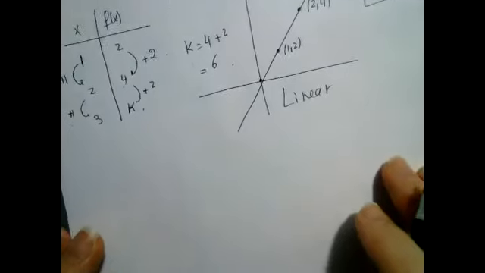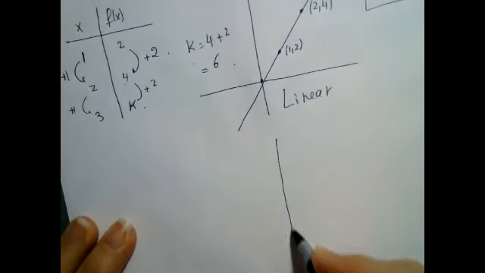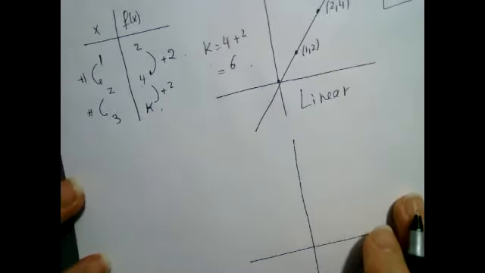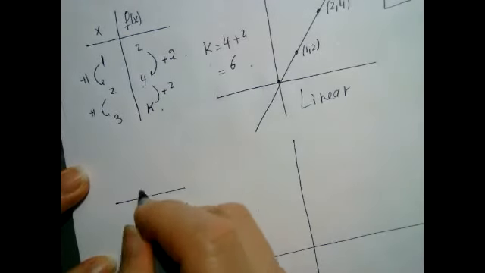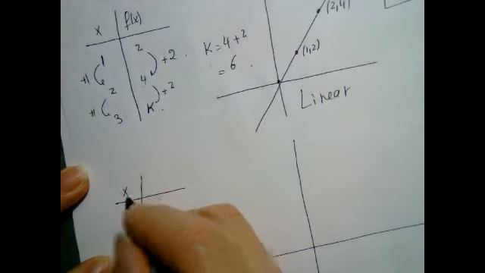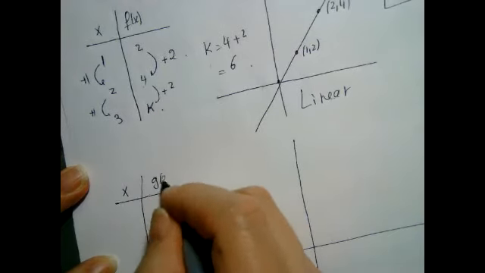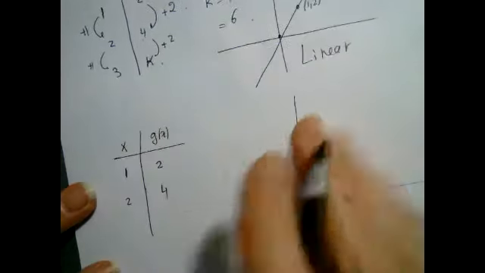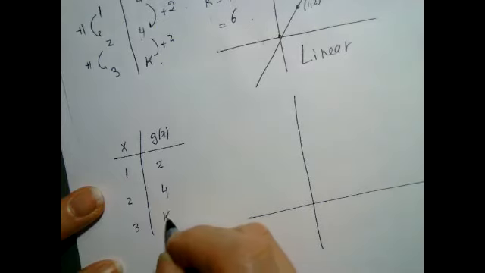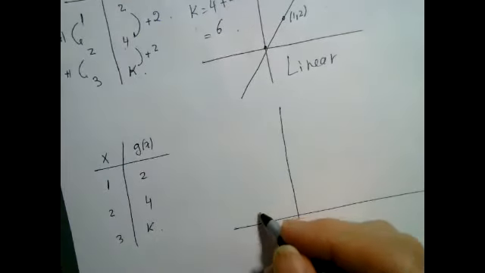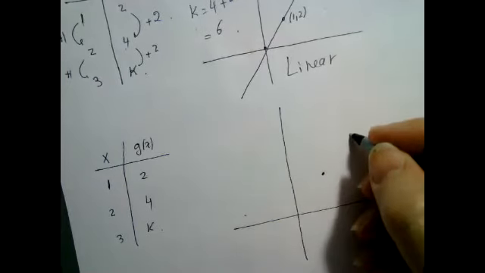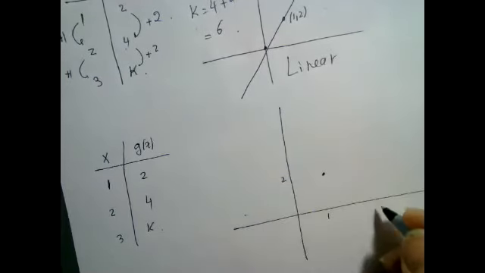Now, suppose I give you the same thing, the same values, but I'm going to make the function exponential. It means, suppose I have that. That's x. I'm going to call this g. And 1, it's 2. 2, 4, 3, okay. But now this time, my function is like this. This is 1, 2. So 1, 2.